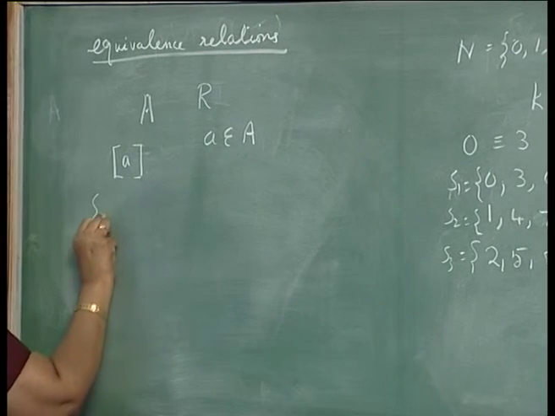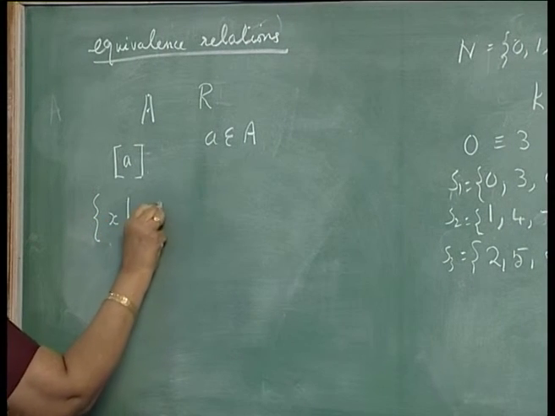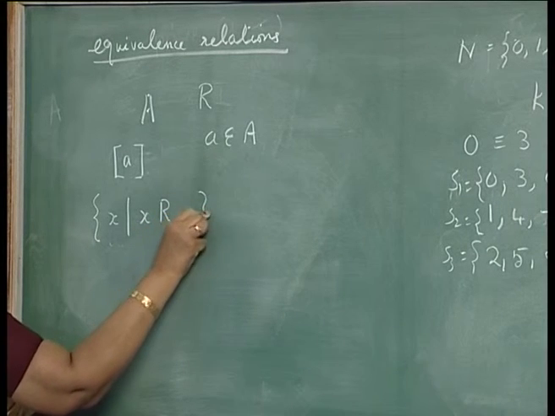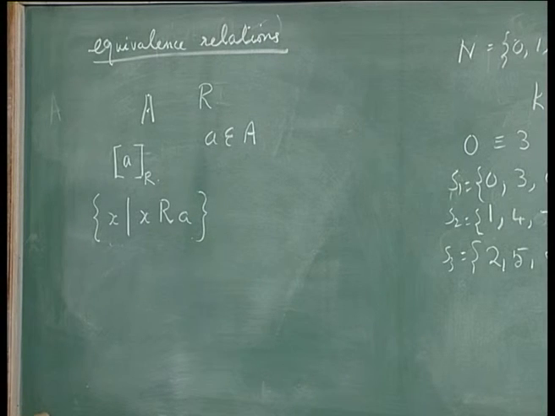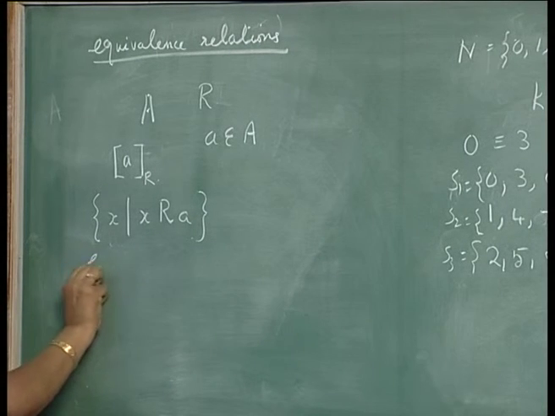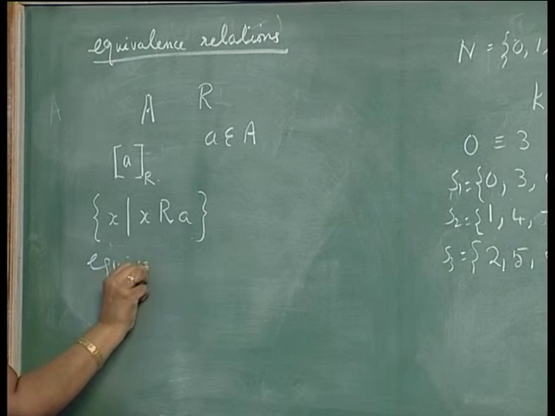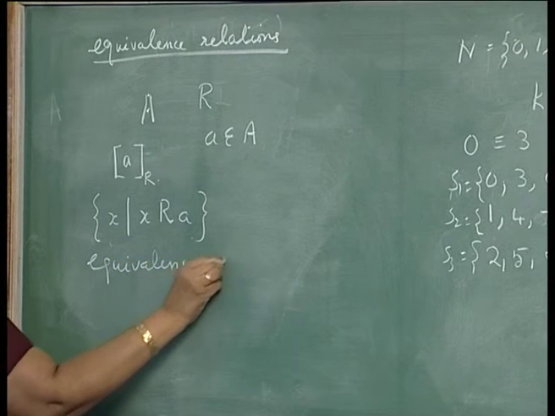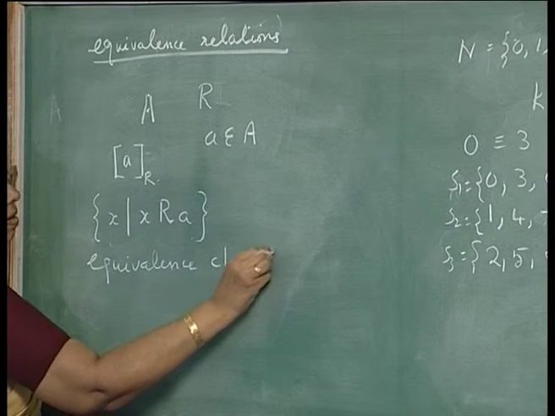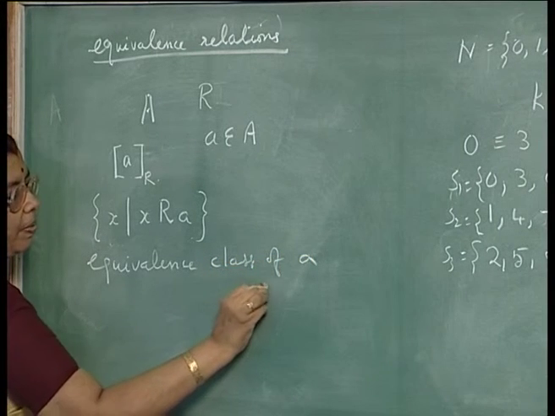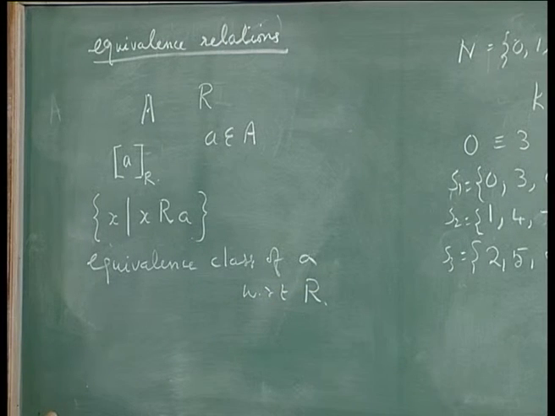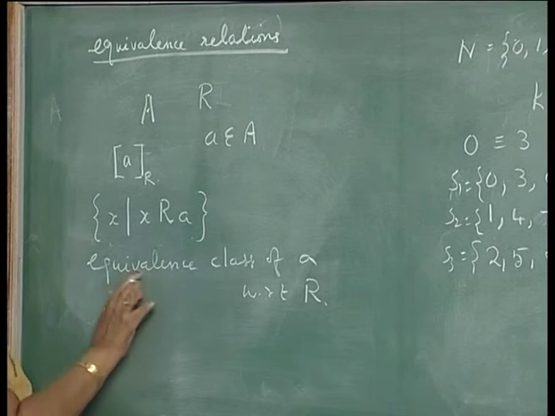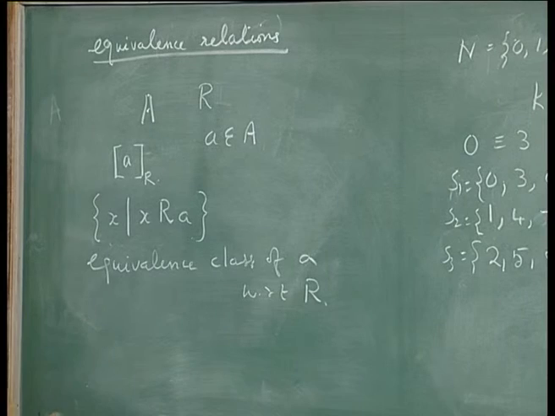This denotes the set of all x such that x is related to a. You denote it like this. This is called the equivalence class of a with respect to R, the set of all elements which are equivalent to a particular element.